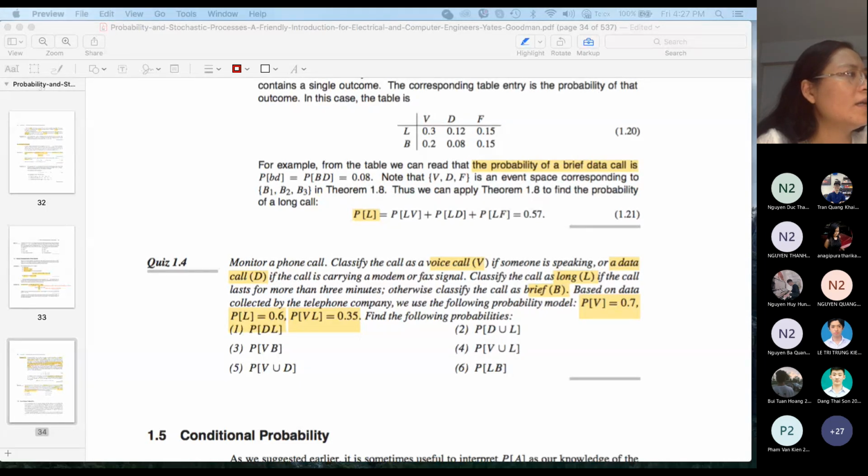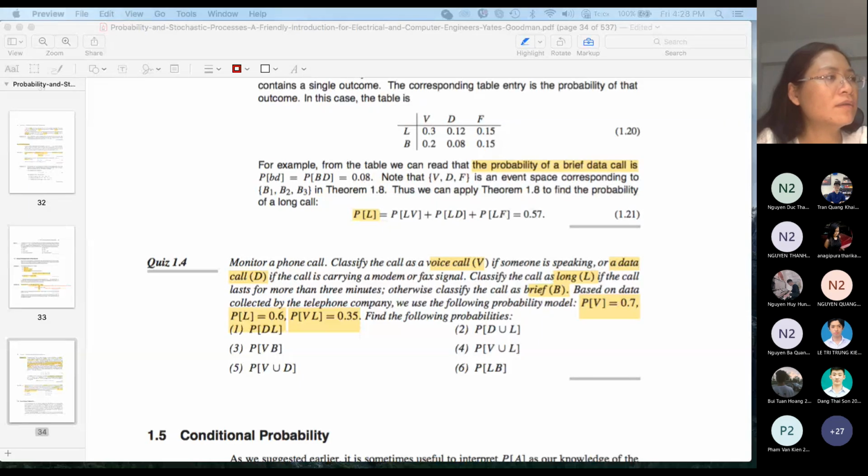Okay. Lê Đức Hải, please do the second question. Bùi Đức Hiếu, the third question. Bùi Tuấn Hoàng, are you there? Dạ em có ạ. Okay, fourth question.